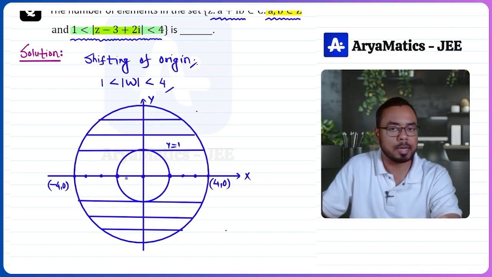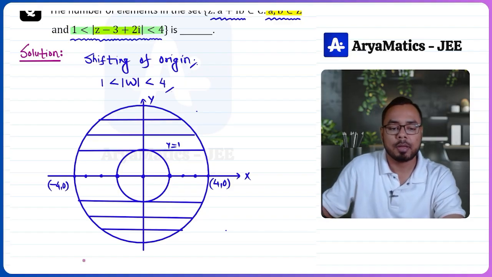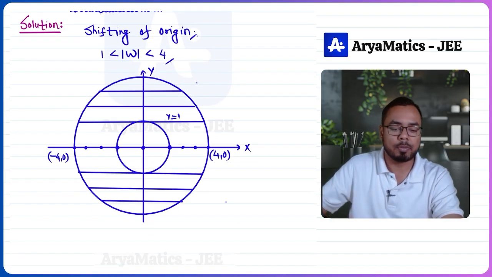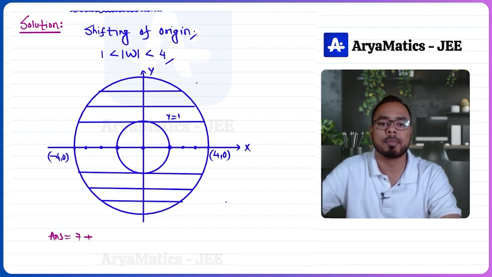So on this line, starting from minus 3 up to plus 3, we will have a total of 7 points. So on the y equals 0 line, we are going to get 7 points with integral coordinates.